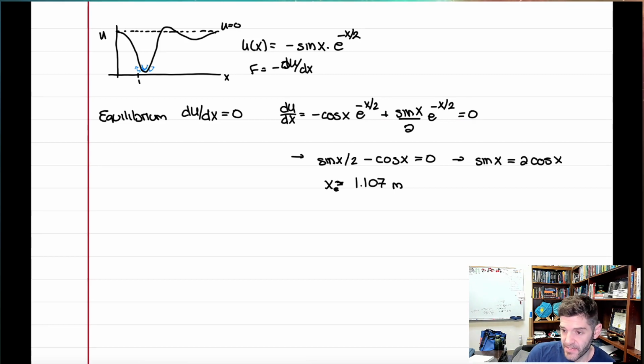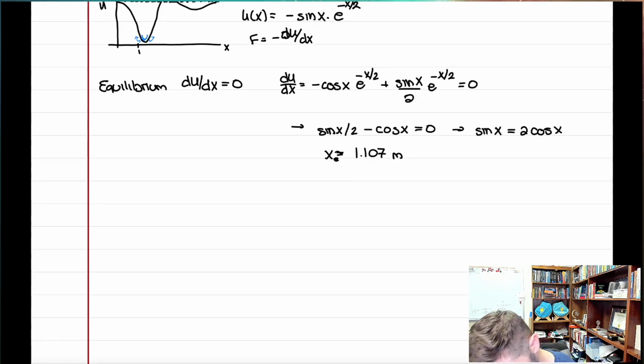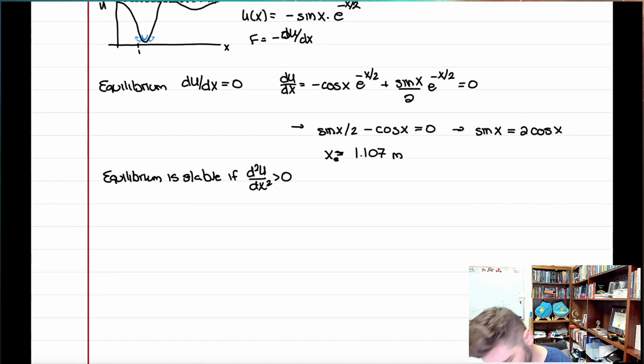So given that position, we could ask, just as a review, is this a stable equilibrium point at that spot right beyond x equals 1? Well, remember, the equilibrium point is stable if the second derivative is positive at the equilibrium position.